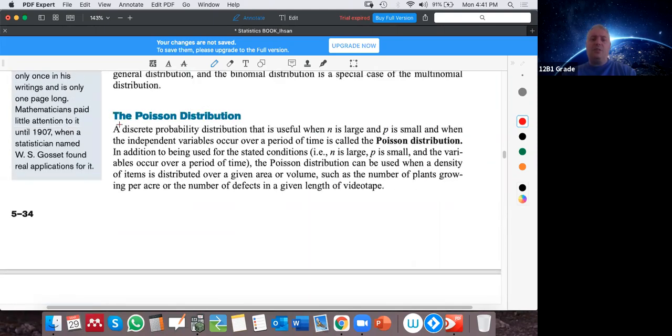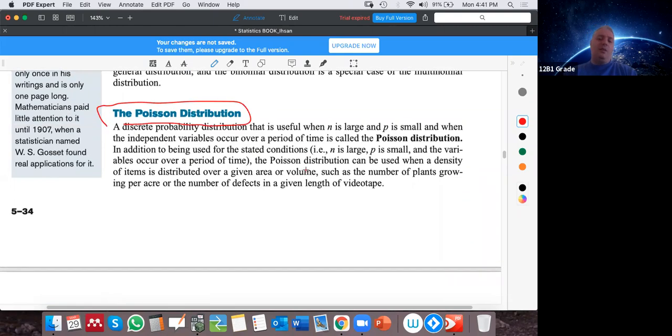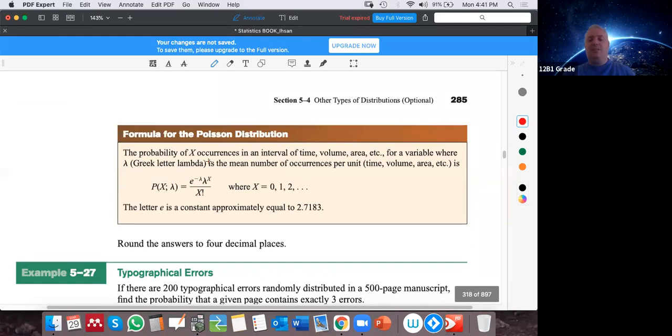Now, Poisson distribution, it's an important thing. What is Poisson distribution? Let's read the definition. First of all, when we will use this is important. It gives the probability of X occurrences in an interval of time.